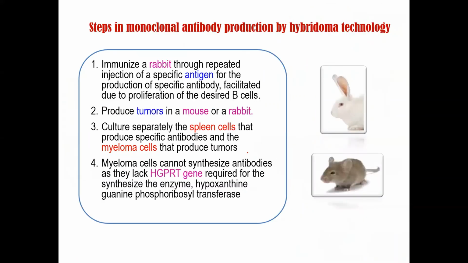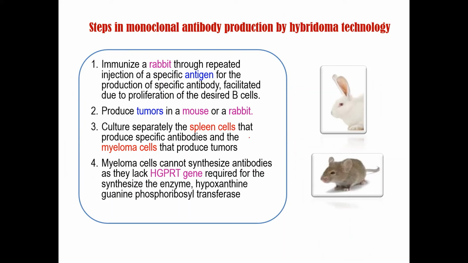Now it looks very simple, but there are some complicated things, and that is the selection procedure. For example, mixing is fine, finding a cell line is fine, finding a B cell is fine, finding a myeloma cell is fine.